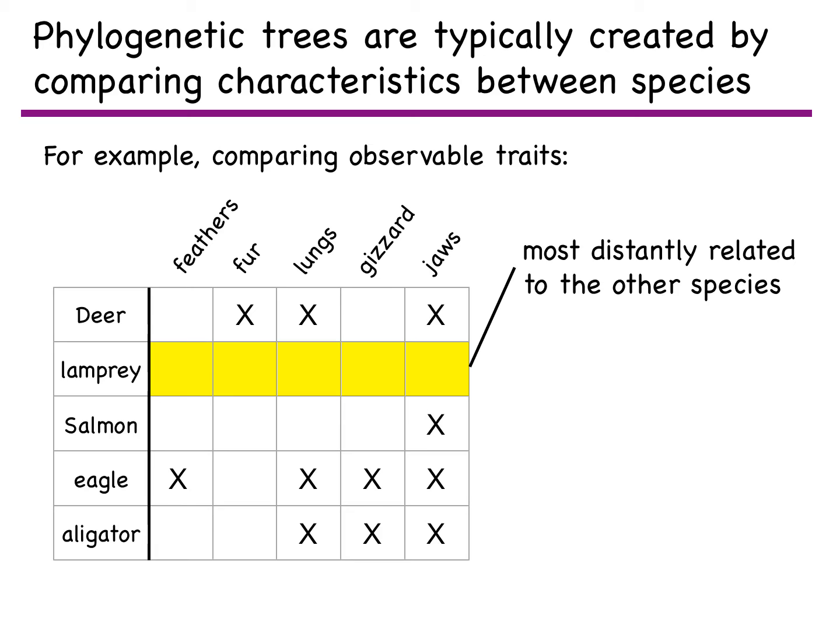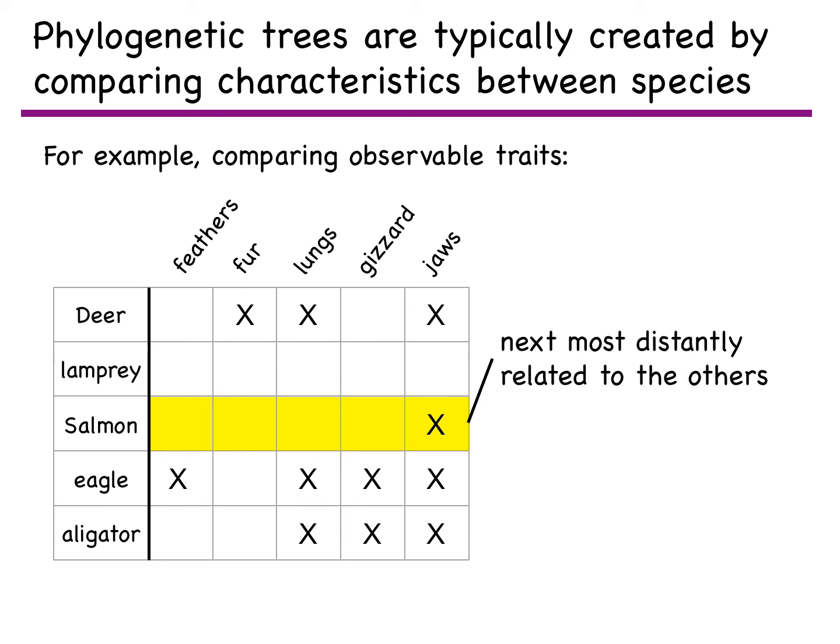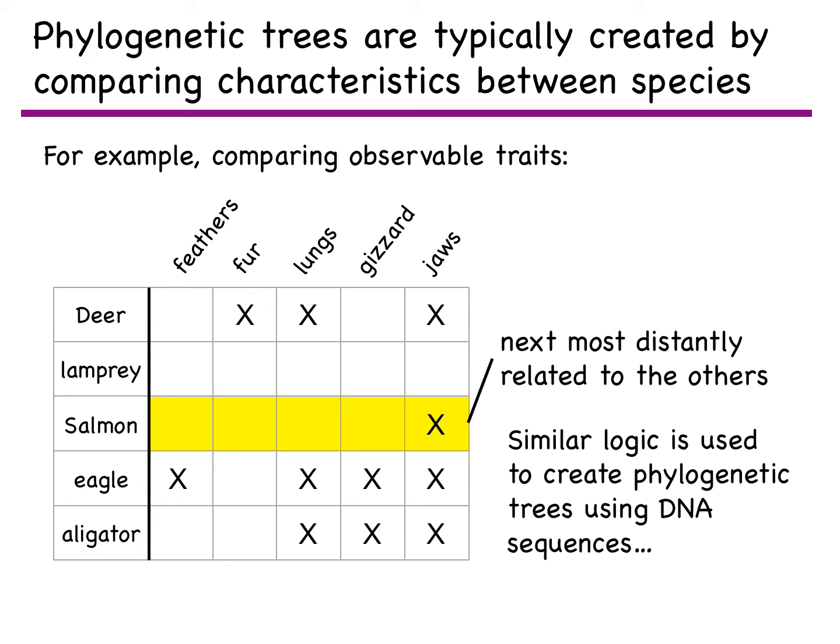So it's probably most distantly related to the other species simply because it doesn't have any of the characteristics that are shown in this table. And then we could go from there to say what's the next most distantly related to the others. That would probably be salmon because it only has one of the characteristics. And you just keep going this way. And then based on this information, you can draw a phylogenetic tree based on just comparing these different traits. Okay?